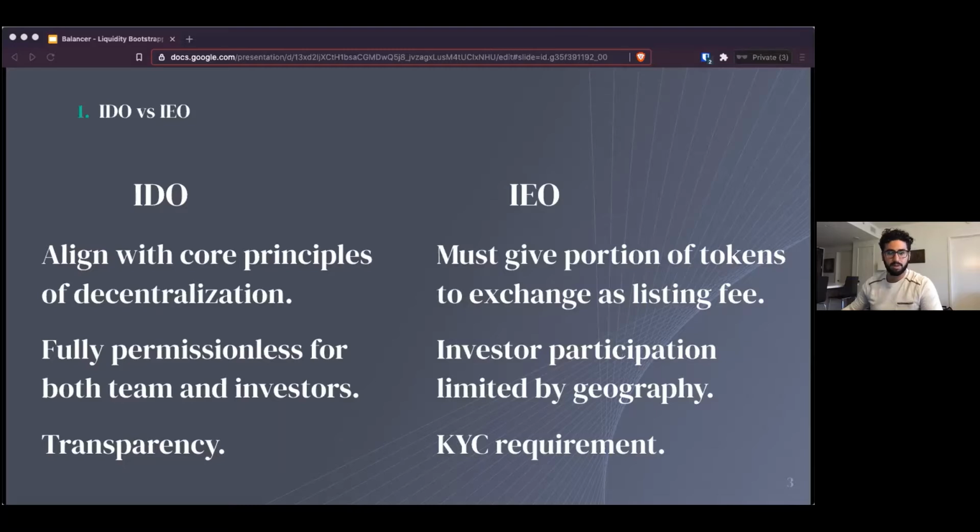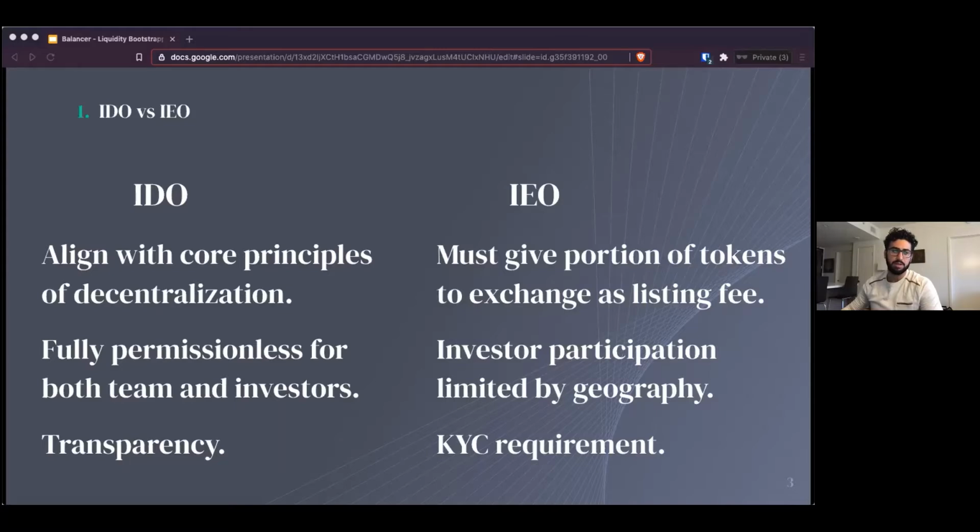whereas on an IEO, you have to actually pay a very hefty listing fee, which is a portion of the tokens that you're going to be distributing. And some exchanges will claim that they don't have a listing fee, but what I found is that's just because they're playing with wording and calling it something else.